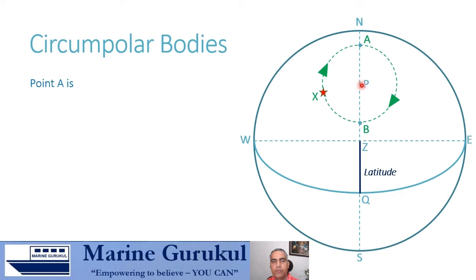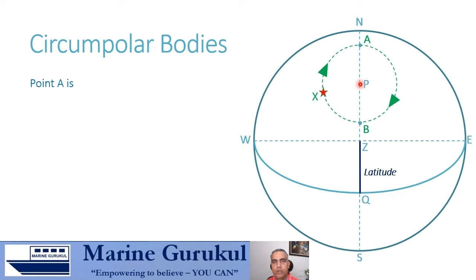One of them is the meridian passage on the observer's meridian. If you look carefully in the diagram, P is the pole and PZQS is the observer's meridian, and you can see that at point B the body crosses the meridian of the observer. At the second instant, that is at point A, it is crossing the inferior meridian of the observer, or the opposite meridian of the observer.